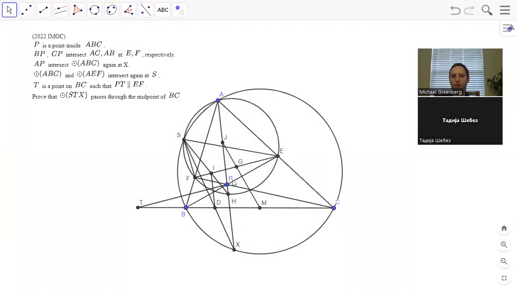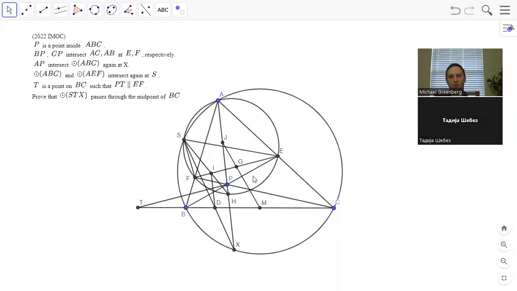Sine of EPG over sine of FPG is PE over PF. So yeah, that is a nice quantity. And then to find that, we kind of have sine PAE over EP. No, I would leave that as it is for now. PE over PF is pretty nice.